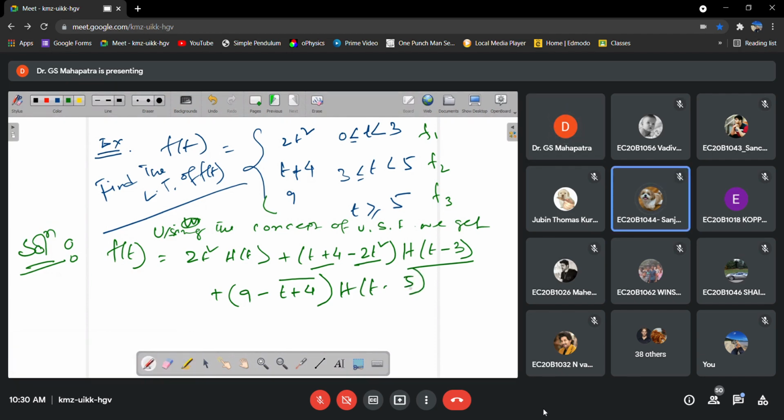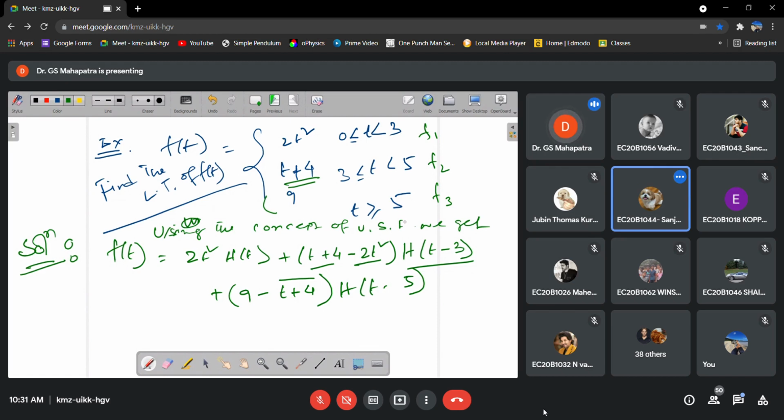Sir, instead of doing like that, instead of considering f2 minus f1, if we consider only f2, do we get that big range? The problem is that from 0 up to 5 you are considering this function. If we consider only 3 to 5, how can you write that in Heaviside form? Another form is there.